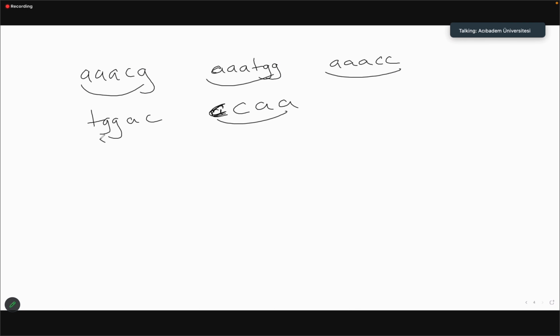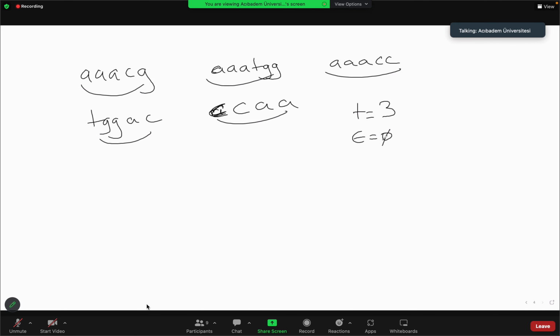If you combine these 5 fragments using T equal to 3 and error rate equal to 0, how many contig solutions do you get? So I want minimum 3 letter overlaps between them without any error. How many? So sequence 1, sequence 2, sequence 3, sequence 4, sequence 5.